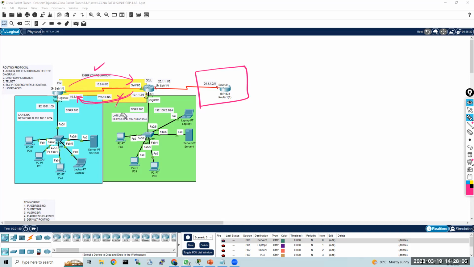Otherwise, no. Now in OSPF, which is a link state protocol, what happens? If there are any changes, then only it will give the update. Got it? If there are any changes in the network, I have a new network connected to me, please take this update. Got it, guys? Yes, yes.